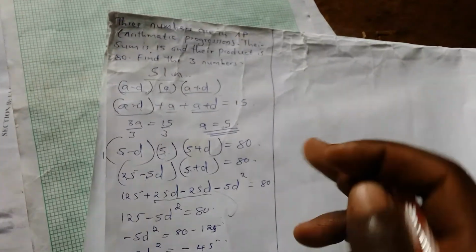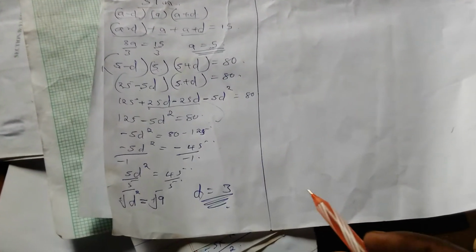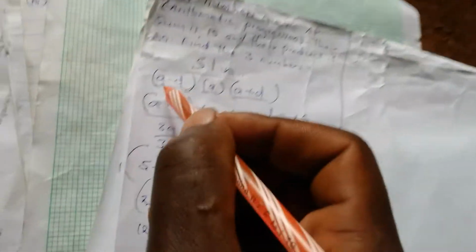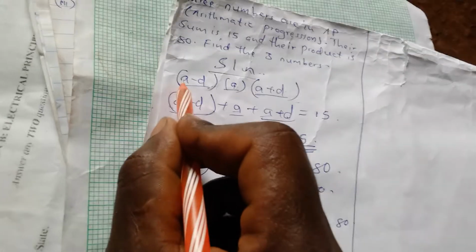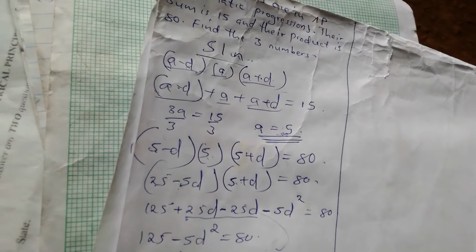Having got A as 5 and D as 3, you are just going to substitute here. So the first number here is A minus D. A is 5 minus D, which is 3. You get 2.